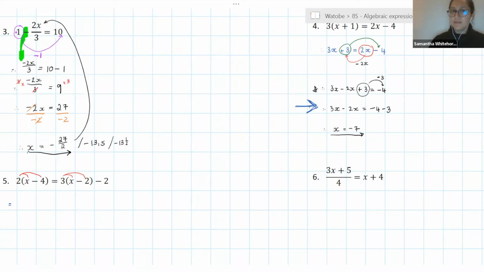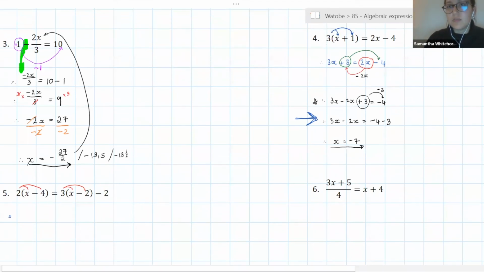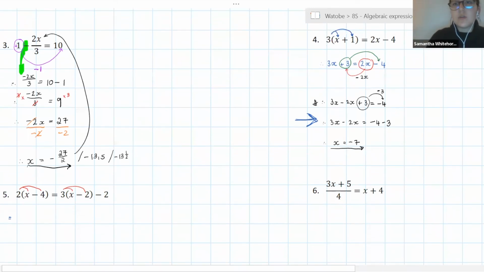No, ma'am. Okay, so remember, once I multiplied, so once I distributed the 3 into the bracket, what I saw, and I'm just going to take my scribbles off here, what I saw was that I wanted to get this 2x over here. I wanted to get it onto the left-hand side. Because it was plus 2x, the only way for me to do that is to do the opposite, so to minus 2x.